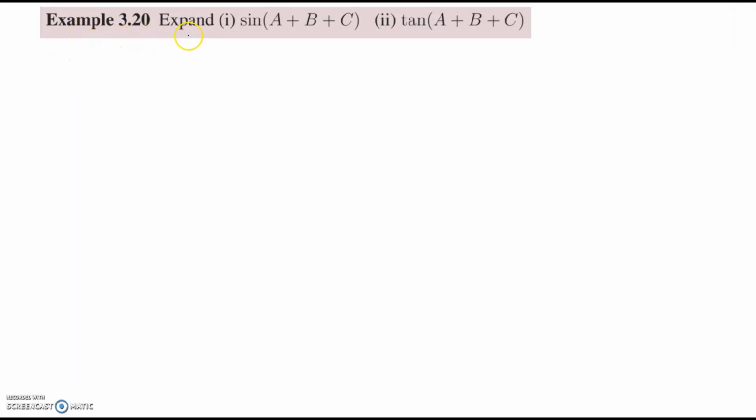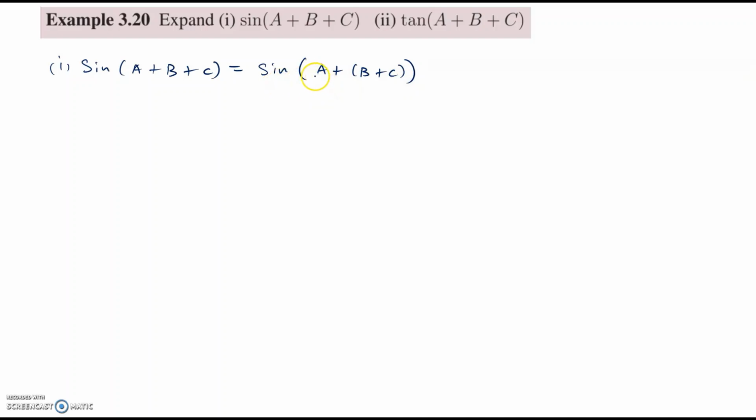Example 3.20. Expand. First one is sin(A plus B plus C) and second is tan(A plus B plus C). So let's take the first one, which is sin(A plus B plus C). Now we can further segregate this as sin(A plus (B plus C)).